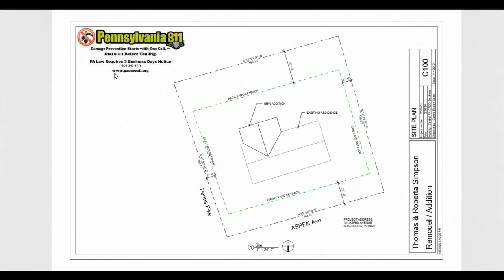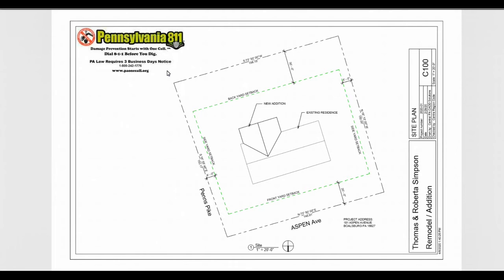And they have the website, phone numbers, and basically what happens is someone within this organization will go through the property and they'll find out if there's any utility lines under the ground that you need to be aware of before you start excavating.